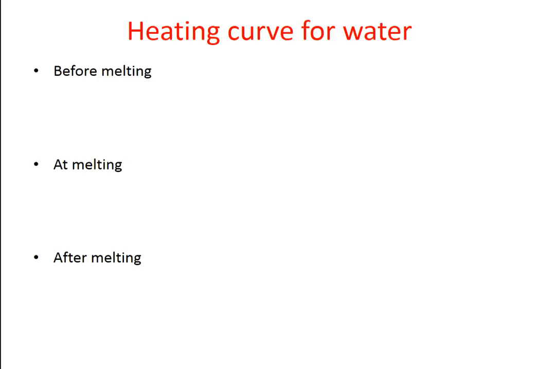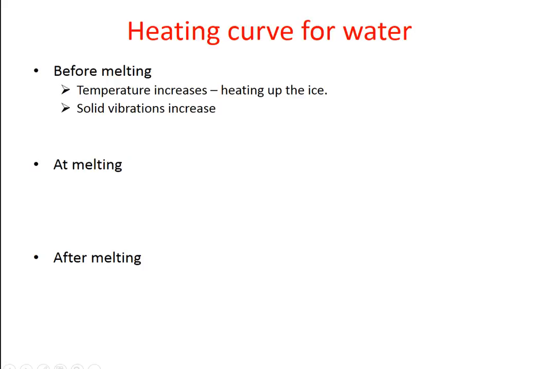So let me go back to explaining the heating curve. Before melting, we see that there is a temperature increase. We are heating up ice. The solid vibrations increase because when you heat up something, there are vibrations happening.